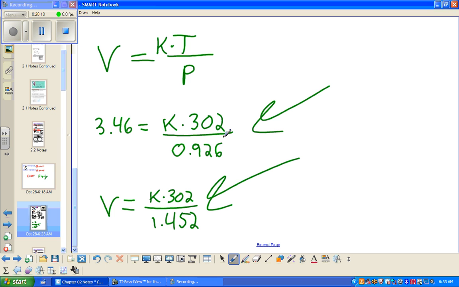The only difference that might come later on is it might say varies inversely. Or it might say varies directly. Excuse me, this one did say it varies inversely. It might say varies directly, which if it said the pressure varied directly, the only difference would be it would go on top.